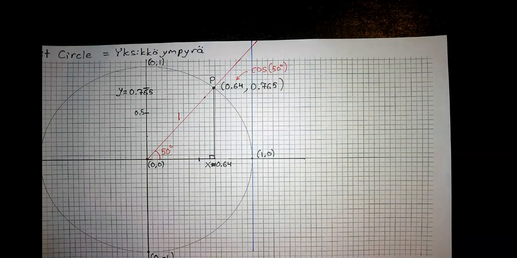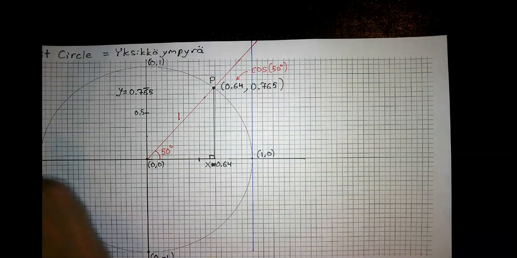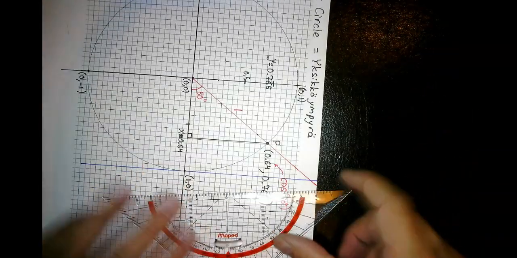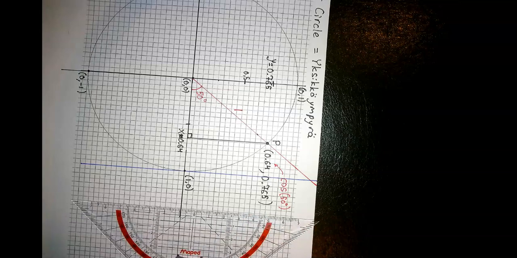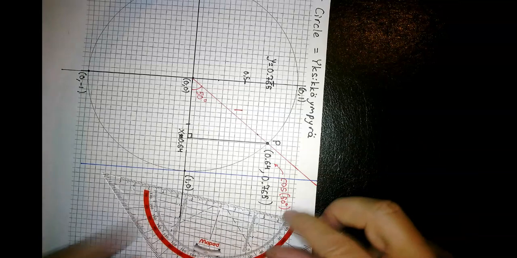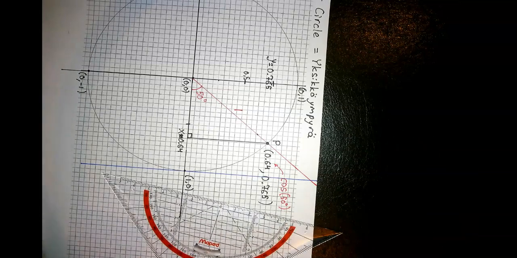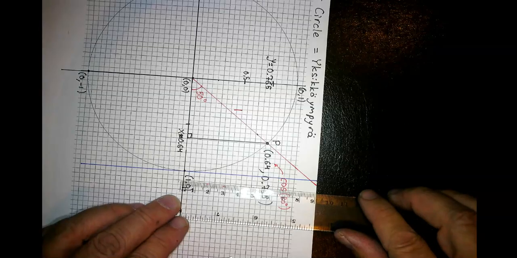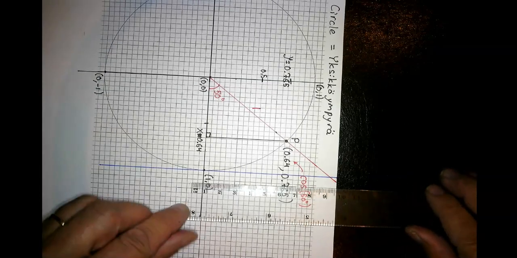I can't see those grids there, but I will use my measurements. Let's take another ruler, maybe you can see this better.